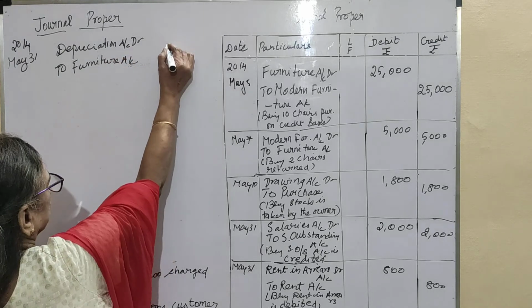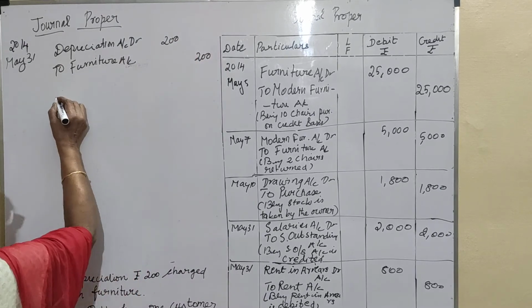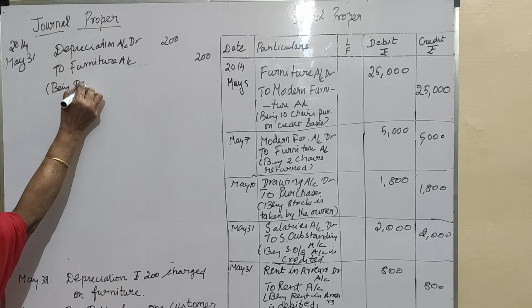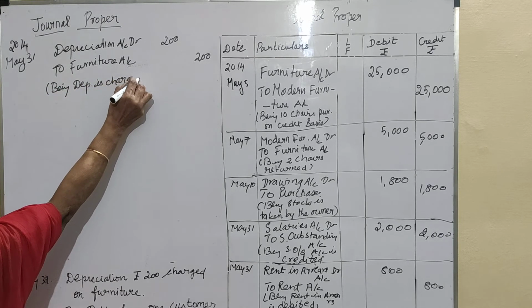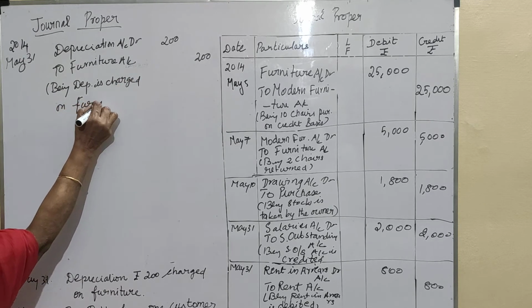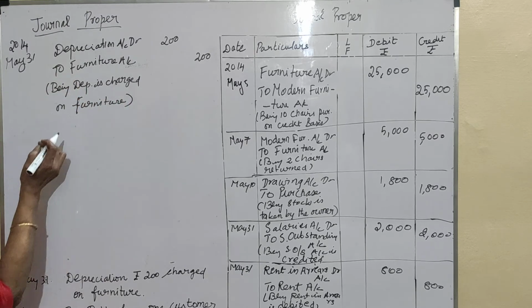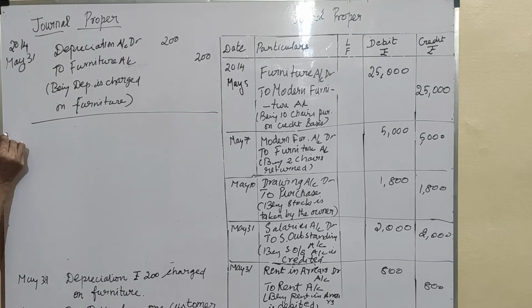Here 200 is charged on furniture. Being depreciation is charged on furniture. When a furniture asset is reduced in value, it should be credited. Otherwise, it will be on the debit side.